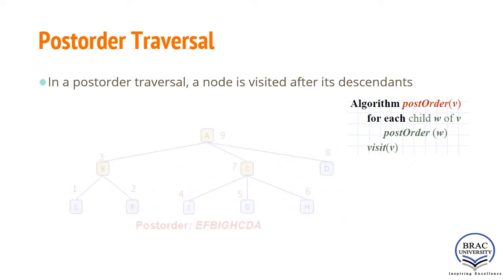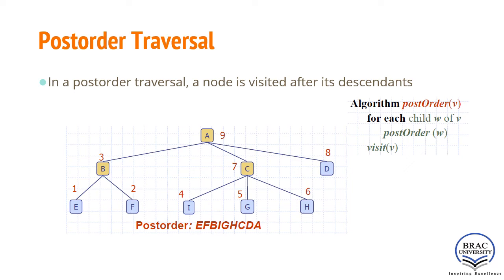Okay. So here is a tree. In this tree, we will traverse using post-order traversal. So we will start with the root node, that is A. At first we go to root node A, but no, we don't visit it or print it. Rather, we search, is there any child of A or not?